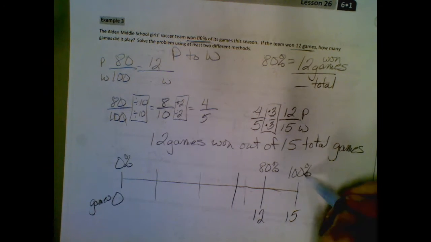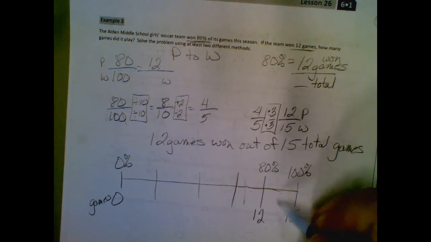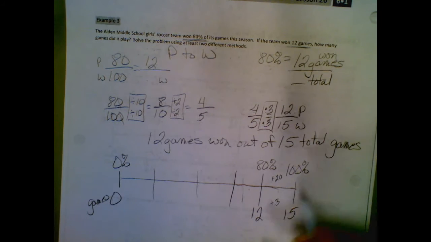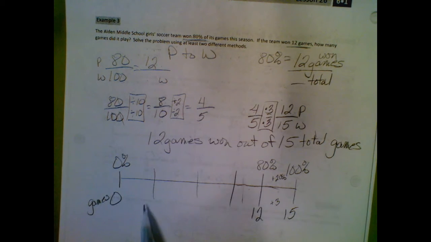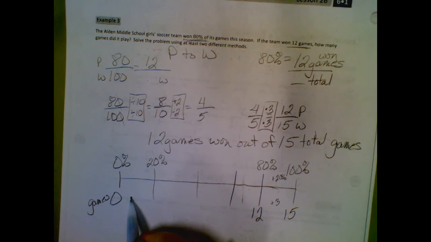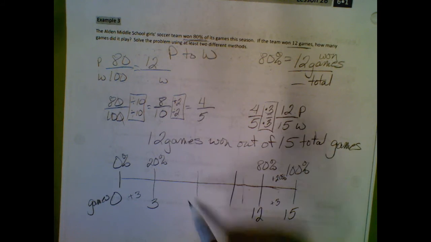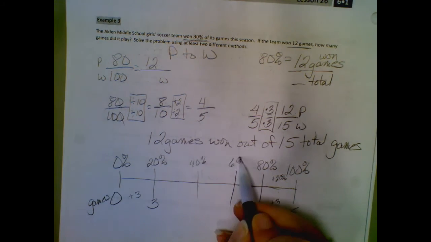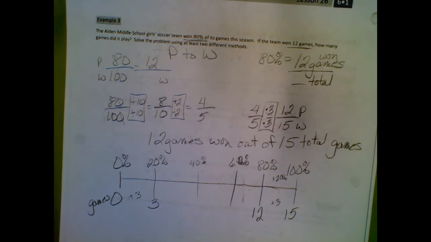So from 100% to 80%, it was plus 3 and plus 20%. So does that mean that at 20% it would be plus 3 again, 3 games? If you'll fill out the 40%, the 60%, and show it. I'll let you do that.